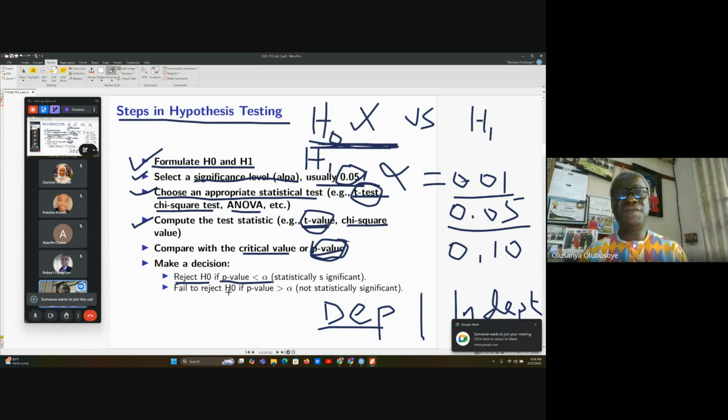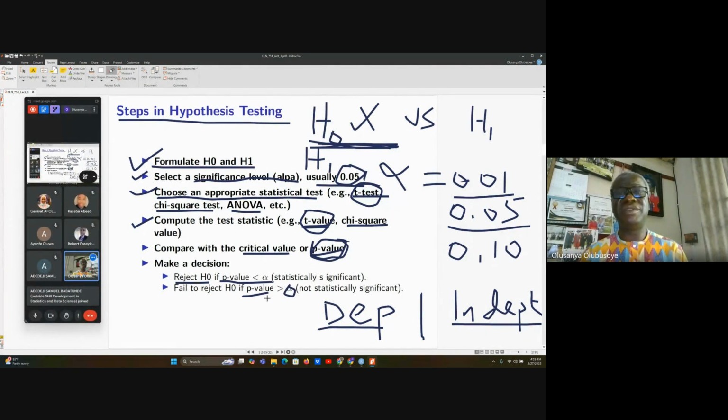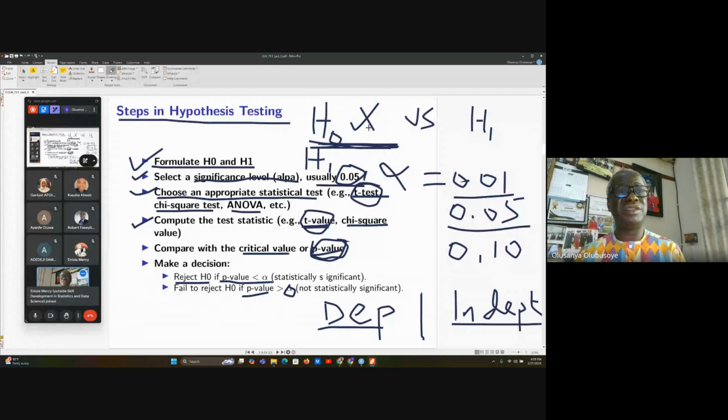Now, if the reverse is the case and the p-value is bigger than the alpha value, then you fail to reject the null hypothesis, which means the evidence you have is not strong enough to reject what we already know about that phenomenon, whatever is stated in the null hypothesis, which is saying there is no difference.